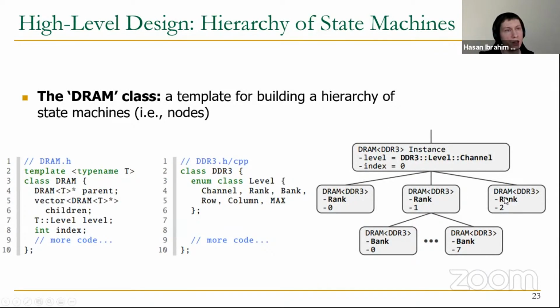Every channel is composed of multiple ranks, or it can also be a single rank, and every rank contains multiple banks. You can think of a rank, and I will give you an example of a DRAM module. If you think of a DRAM module, you sometimes have DRAM chips on the front side of the module, and DRAM chips also on the back side.